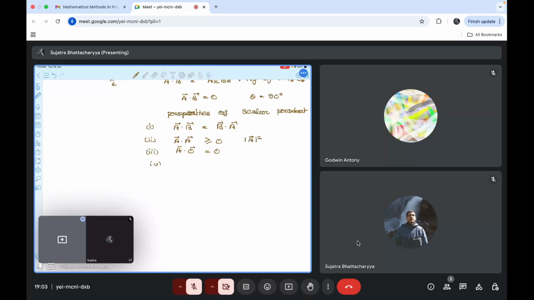And the fourth is that A dot (alpha B plus beta C), where alpha and beta are scalars, is nothing but alpha times A dot B plus beta times A dot C. All right, so this is the distributive nature. So these four properties a legitimate scalar product should follow.